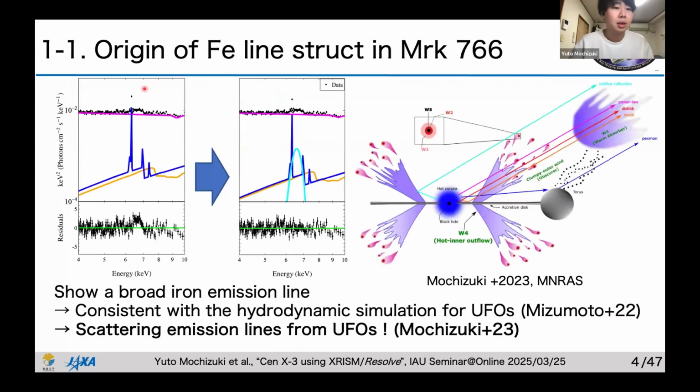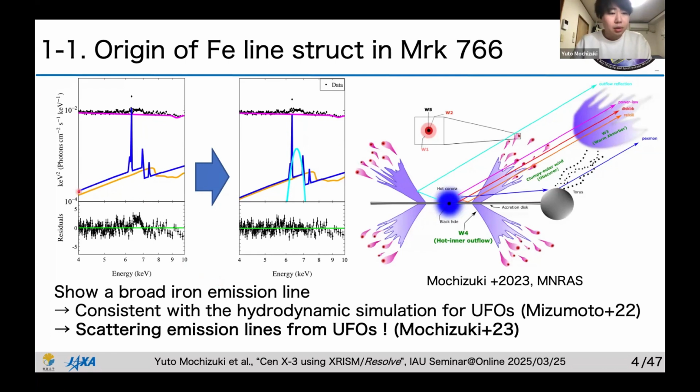First is the X-ray analysis of active galactic nuclei. MCG-6-30-15, one of the narrow-line Seyfert 1 galaxies, is one of the bright AGN in X-rays, and shows blue-shifted absorption lines along with broad iron emission lines. This figure shows the results of spectral analysis in the X-ray.